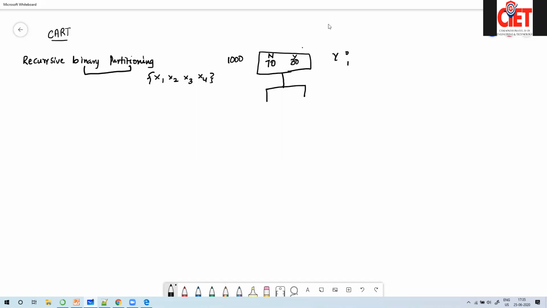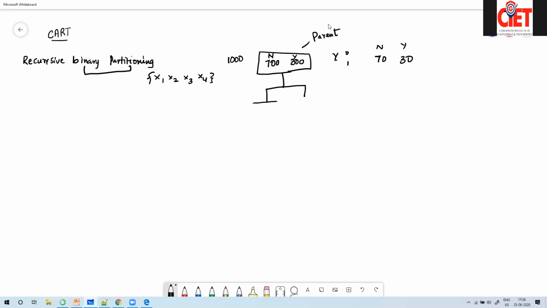This one here is called the parent node. At the parent node, the proportion of no is 70% and yes is 30%. So this is like 700 observations here and 300 observations here.